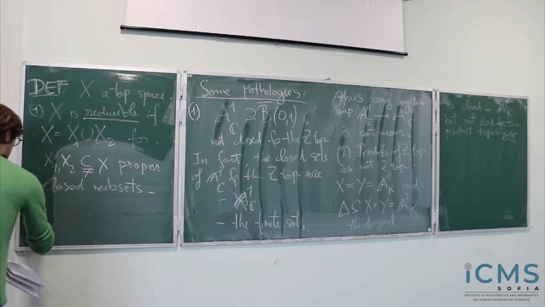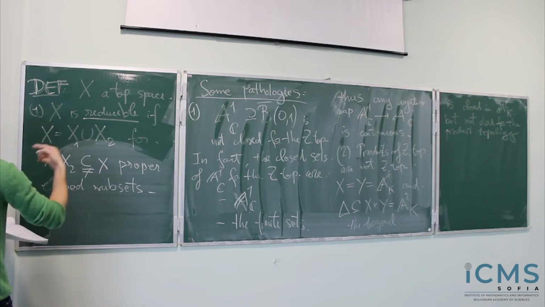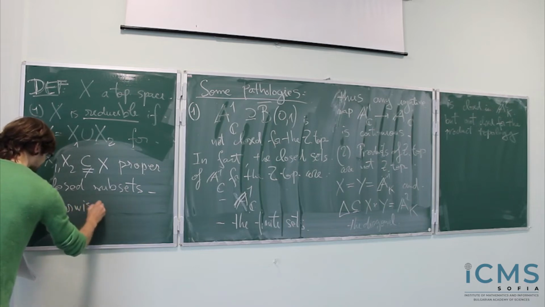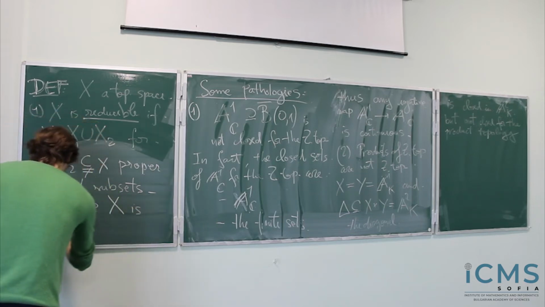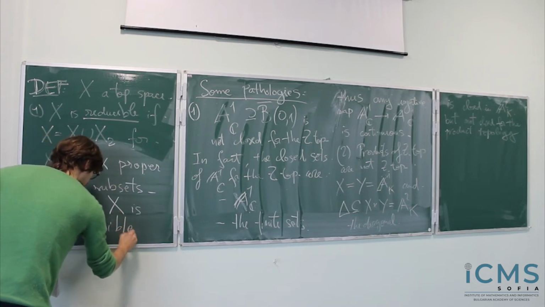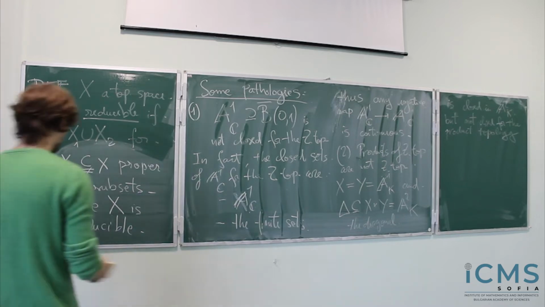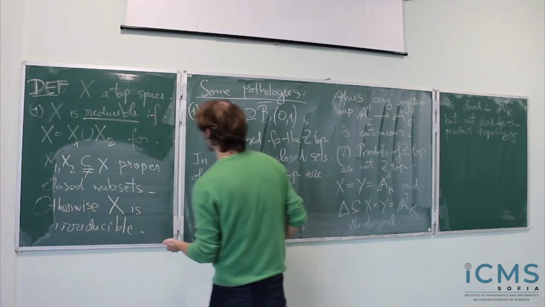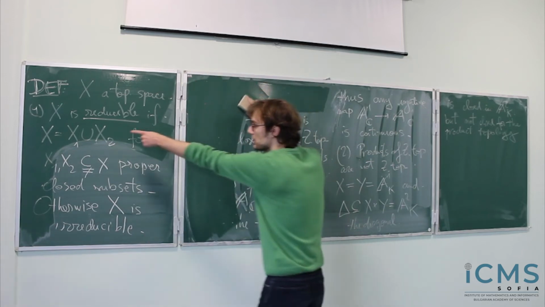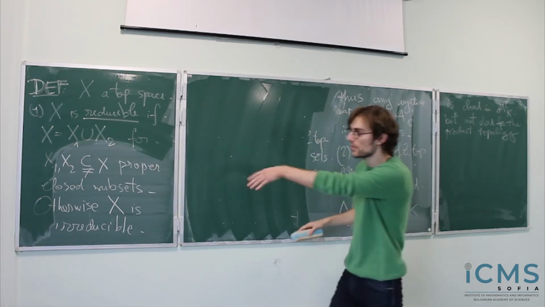Otherwise, you'll call it irreducible. And this is actually the more pertinent concept, since, as you can imagine, if you take any Euclidean space, then obviously it will be reducible.